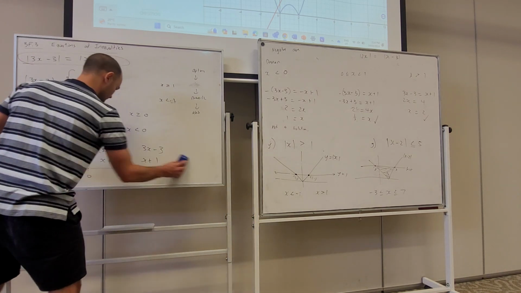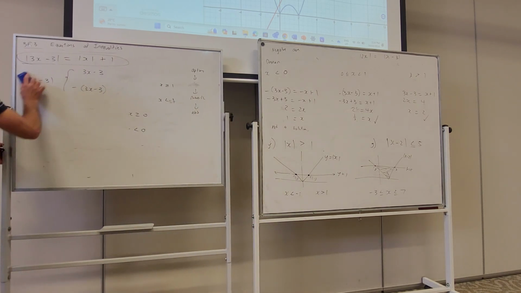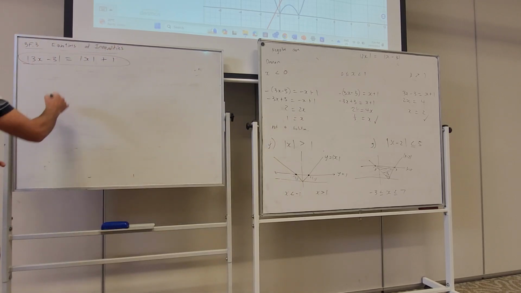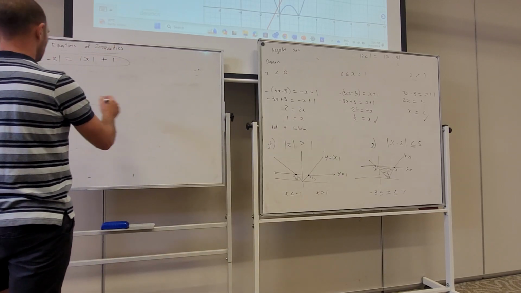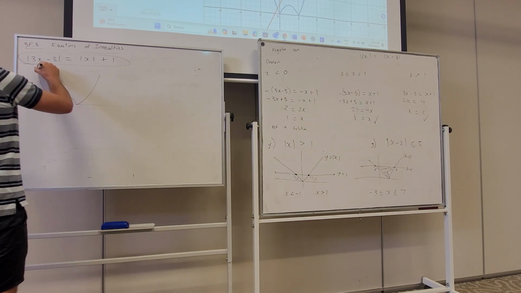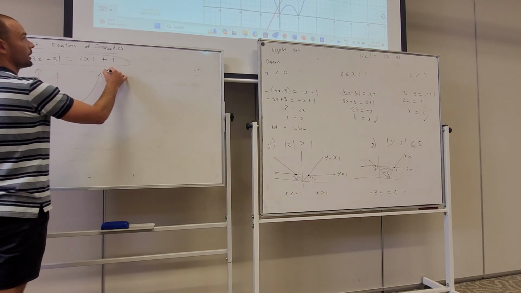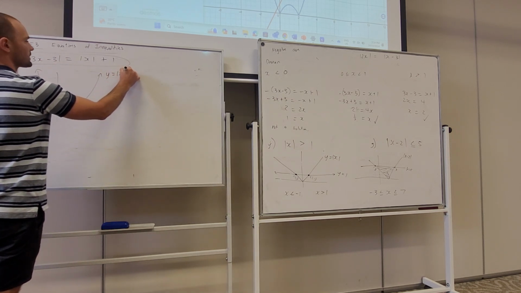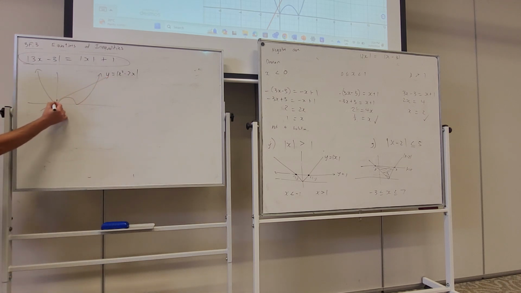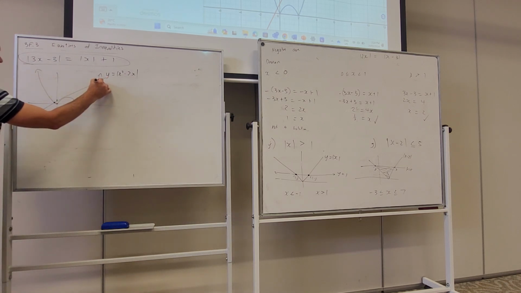I'll sketch it up on this one. Cool curve. Okay, that's the modulus of x squared take 2x. And then we just have the line 2x plus 1. It's going like that kind of thing. And so they're intersecting here and here.